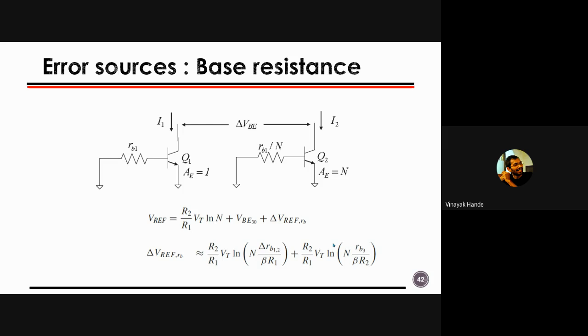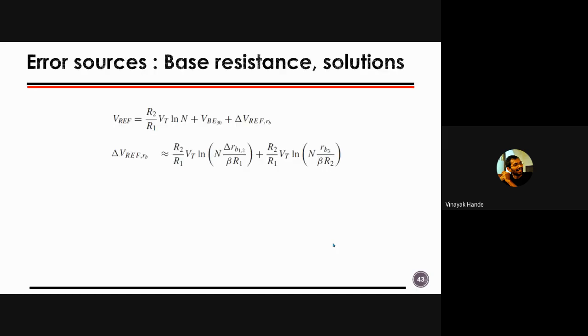From this you can gauge how important the scaling factor is. Either you play with the R2 by R1 ratio, or you play with the N, or you play with the current which is flowing through the BJT, right? These are some things which I wanted to tell you.